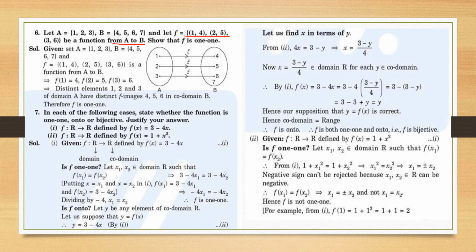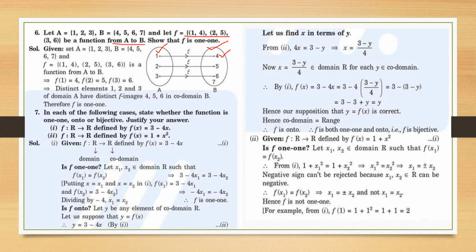Now you have to show that it is 1-1. 1-1 is just concerned with all the elements from your set A getting a unique image in set B, and ontoness is that every element in the codomain should get a pre-image.